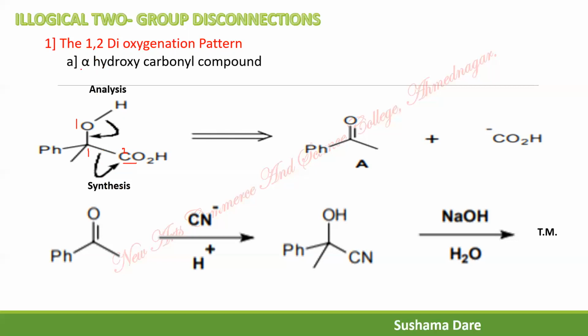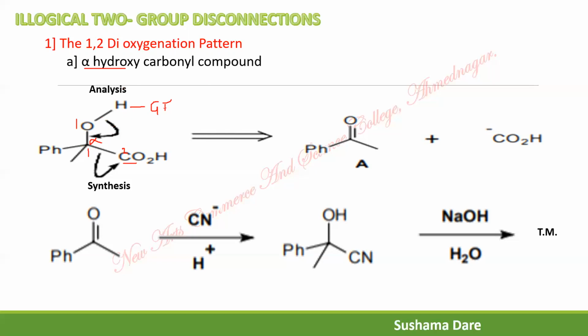Now, what is this subpoint? It is an alpha hydroxy. This is a carbonyl group, so number 1 carbon is an alpha carbon. In other words, I call it an alpha hydroxycarbonyl compound. Whenever you have an alpha hydroxycarbonyl compound, this hydroxy group acts as a guiding functional group. What is a guiding functional group?